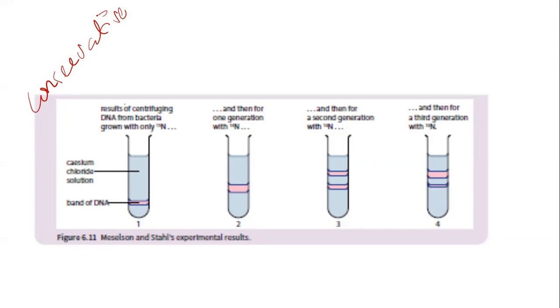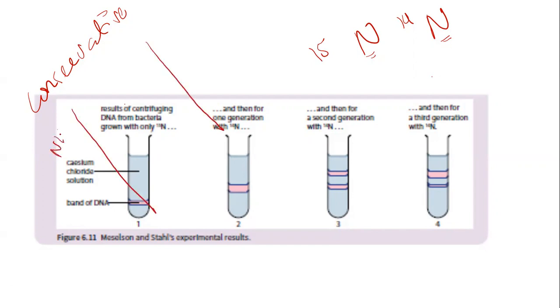So what they did is that they took two isotopes of nitrogen, nitrogen 14 and nitrogen 15. Nitrogen 14 is of course light and nitrogen 15 is of course going to be dense. They took the original strand and made it of nitrogen 15.